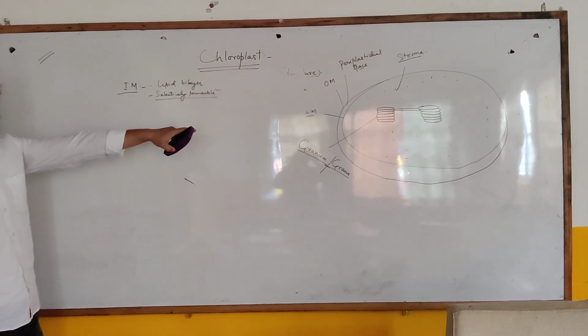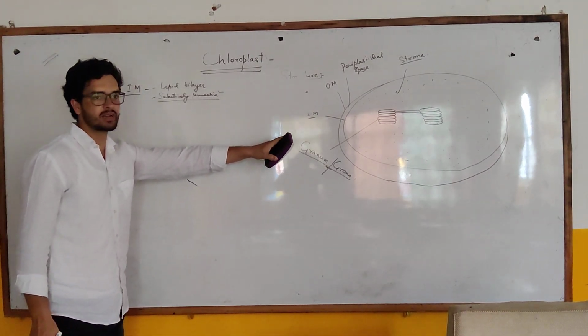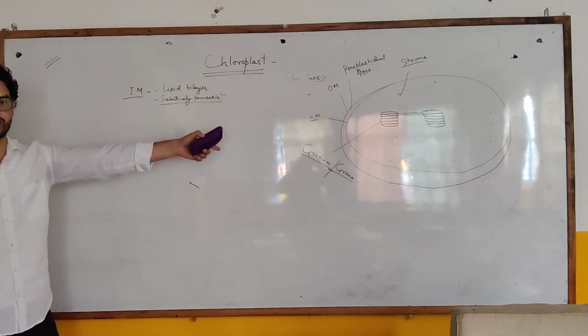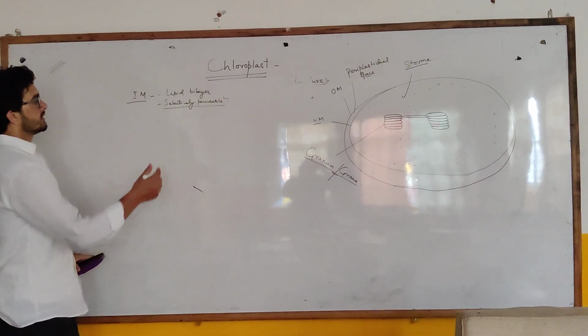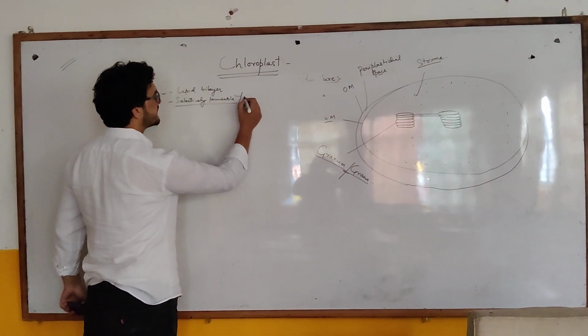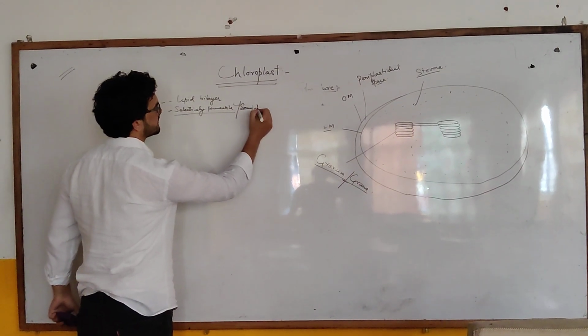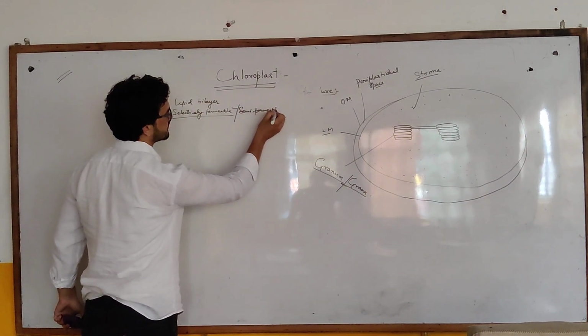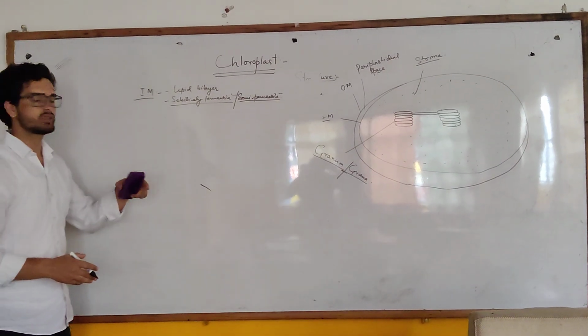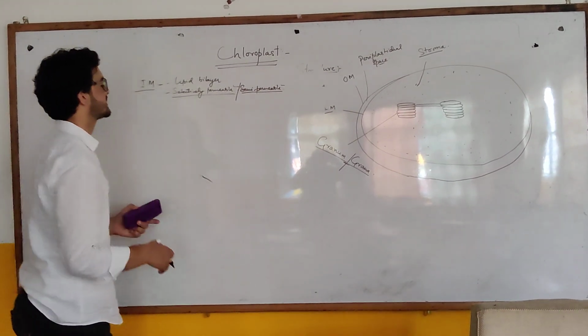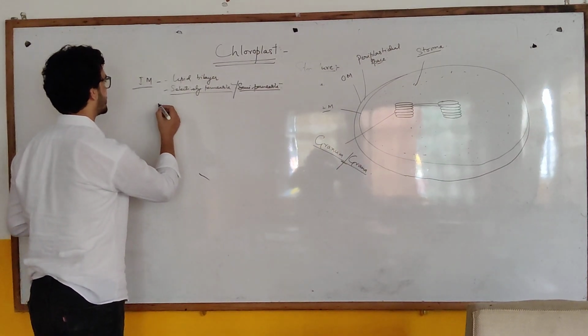Why is this selectively permeable? Because it shows the absence of porin proteins, unlike the outer membrane of this chloroplast, and precisely we can say that it is a semi-permeable membrane. Only selected molecules get passed inside or outside this chloroplast.